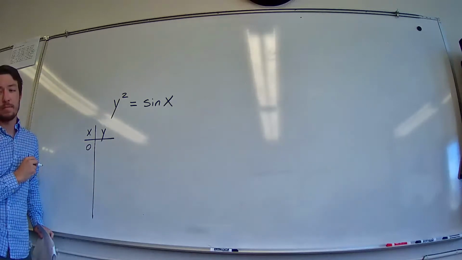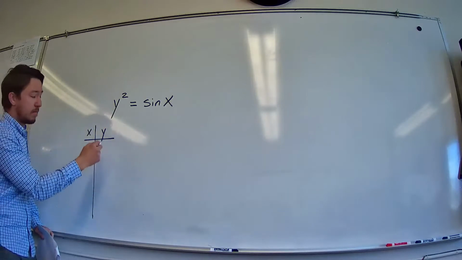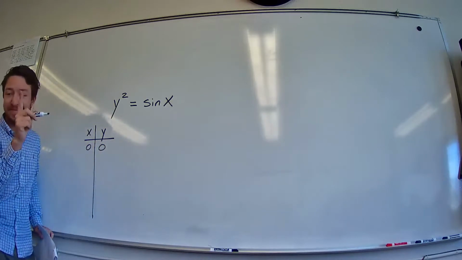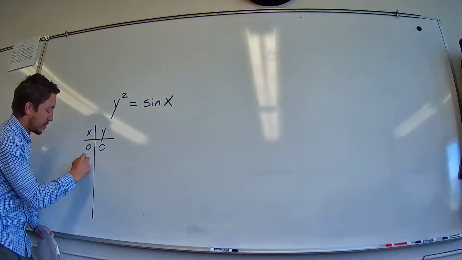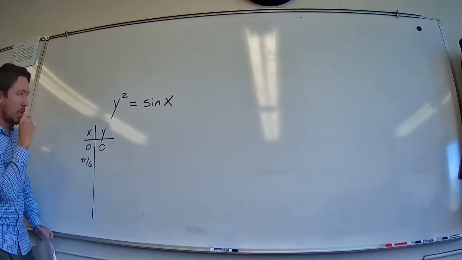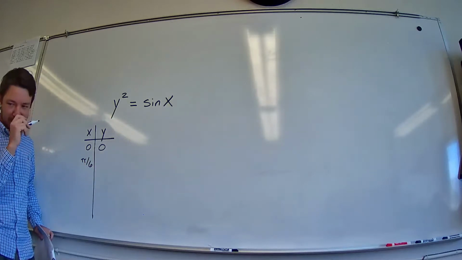What's the sine of 0? 0. So what's the y value? 0. Okay, we got 1 point. I'm gonna throw one out. Pi over 6. What's the sine of pi over 6?